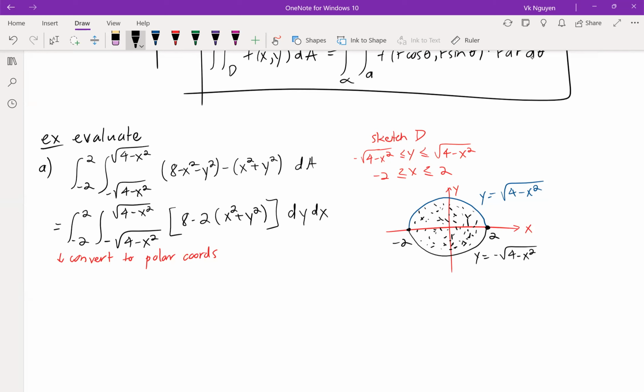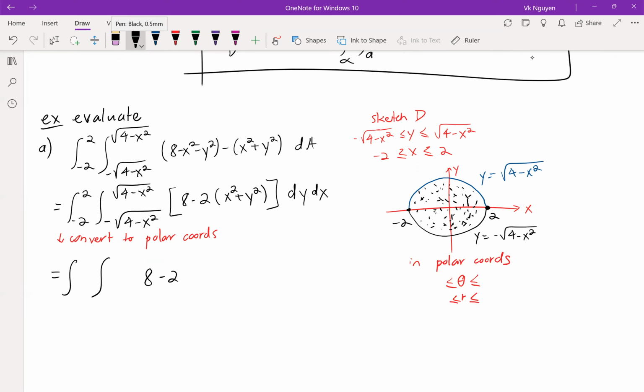Based on the region D, in polar coordinates, we want to figure out where the angle goes from and where the radius goes from.